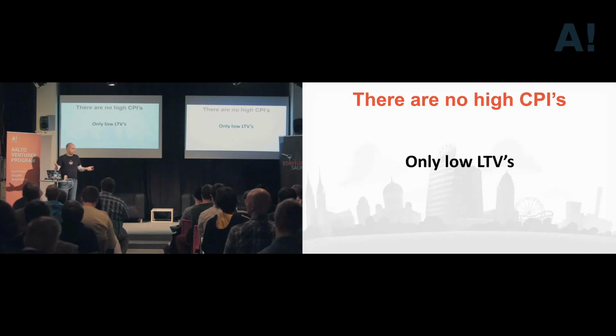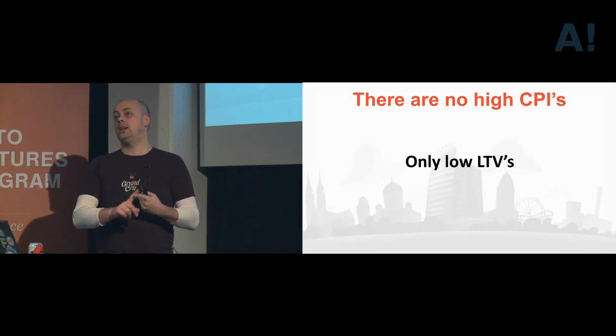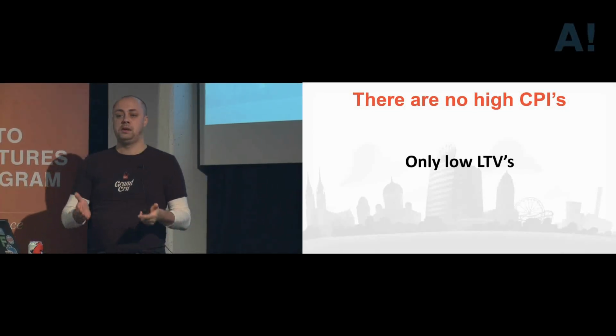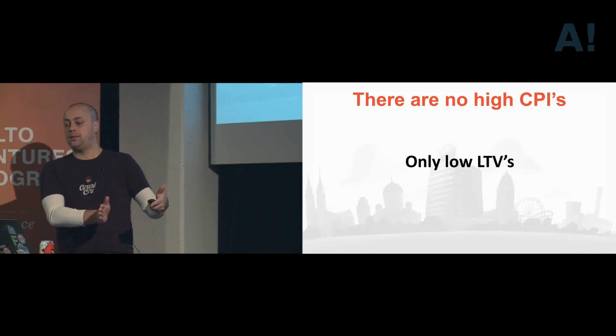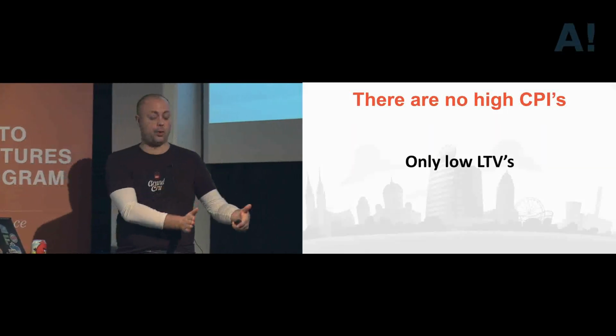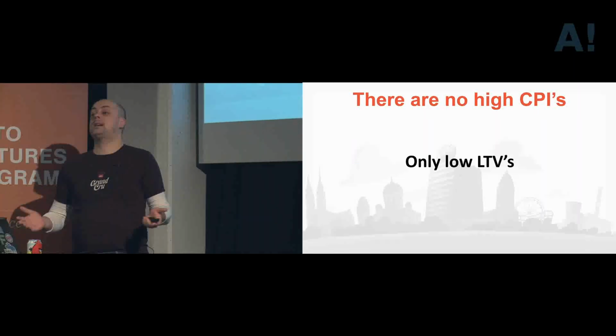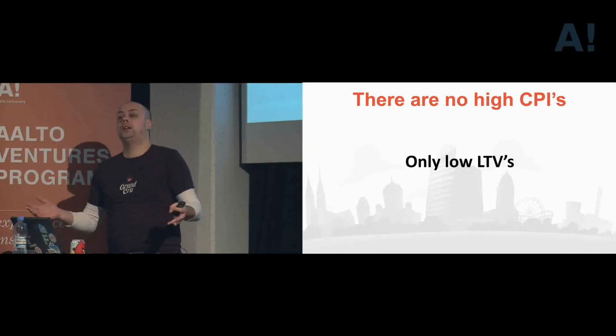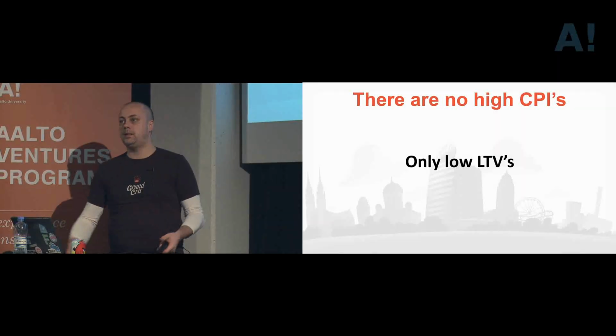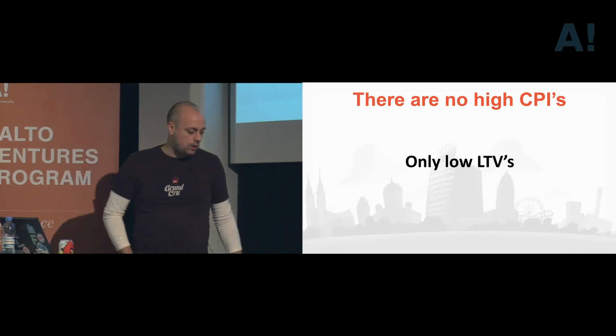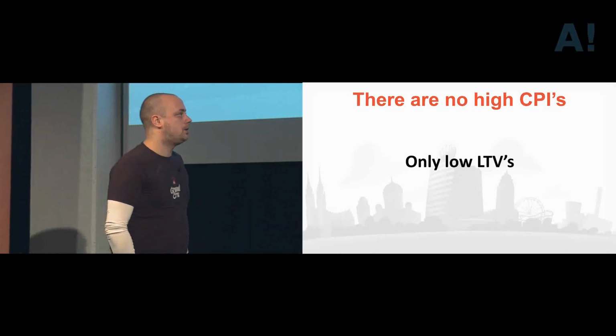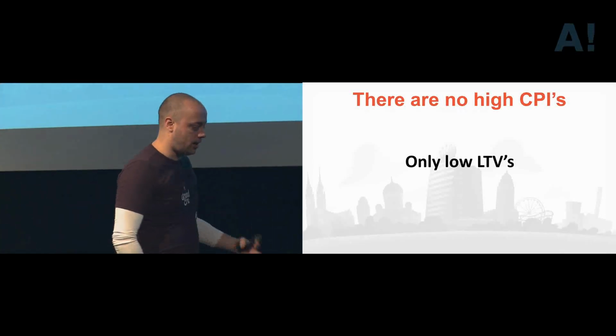Well then, sorry to be harsh, but consider it either capitalism or evolution or whatever. If someone can afford to pay $5 for a user and you can only afford to pay $2 for the user, well, the guys who are paying $5 are kicking your ass. They're not burning money, they're making that money back. So it all comes down to trying to really improve your LTV, your lifetime values.